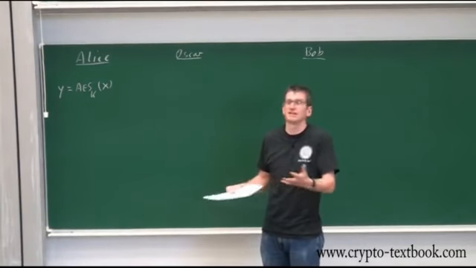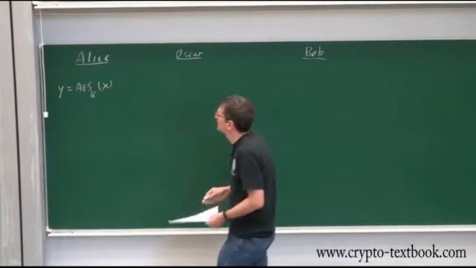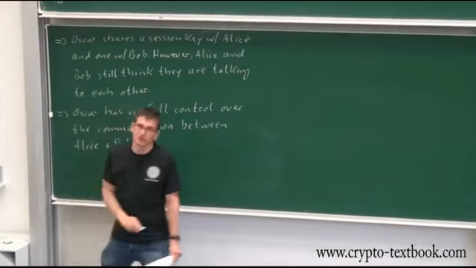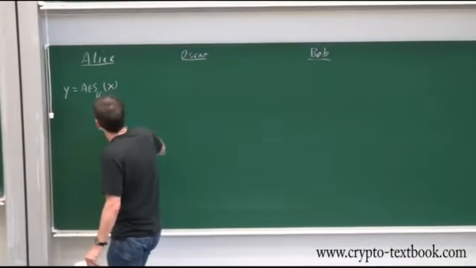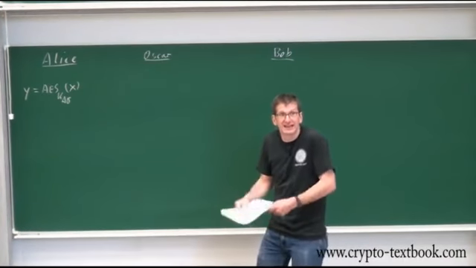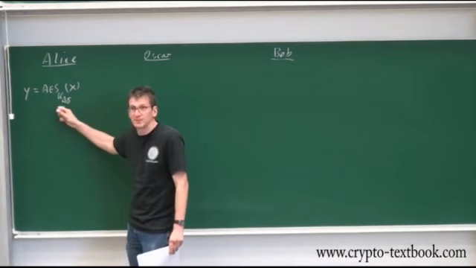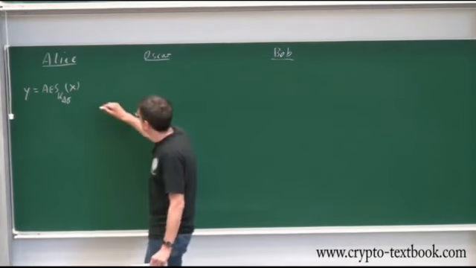Super secure, NSA approved, cannot be broken. Which key does Alice use? Well, obviously the key she just computed, K Alice Oscar. Again, I cannot overstress that Alice thinks this is KAB. She sends Y over.